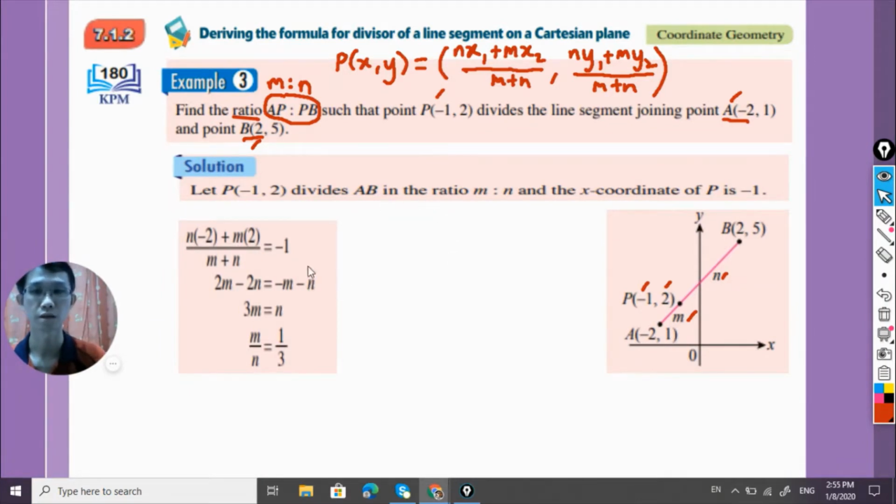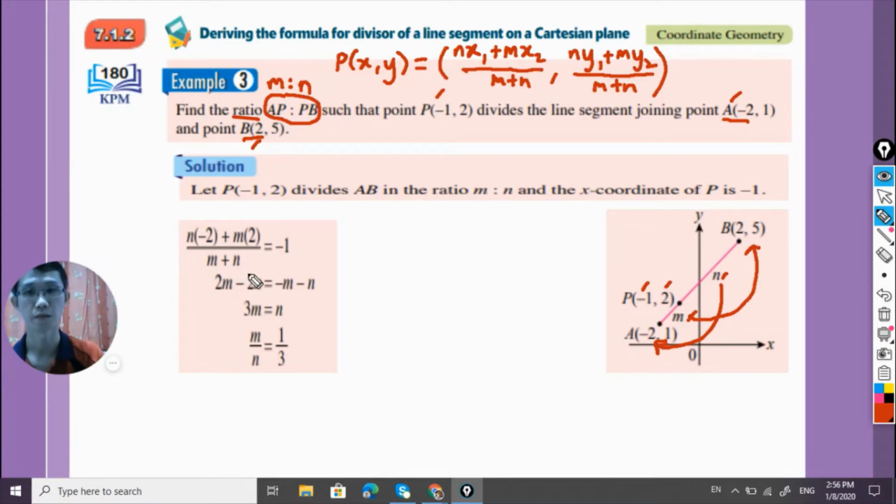So you can express the value of m to n with the coordinate x, involving coordinate x of point A and coordinate x of point B with the coordinate x of point P. Using this expression, n multiplied with x1, which is -2, and m multiplied with x2, which is 2, over m plus n, should be equal to the coordinate x of P, which is -1.